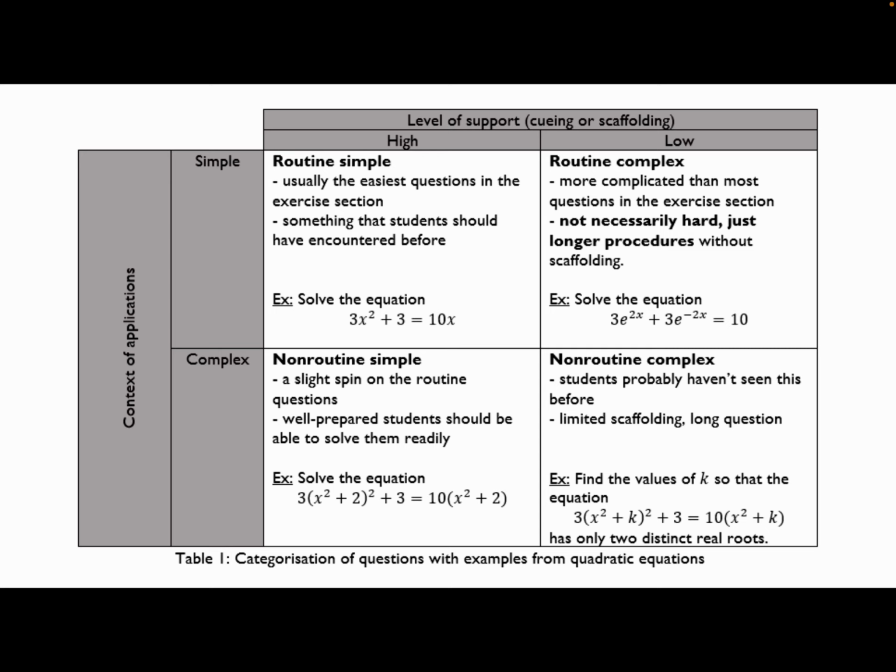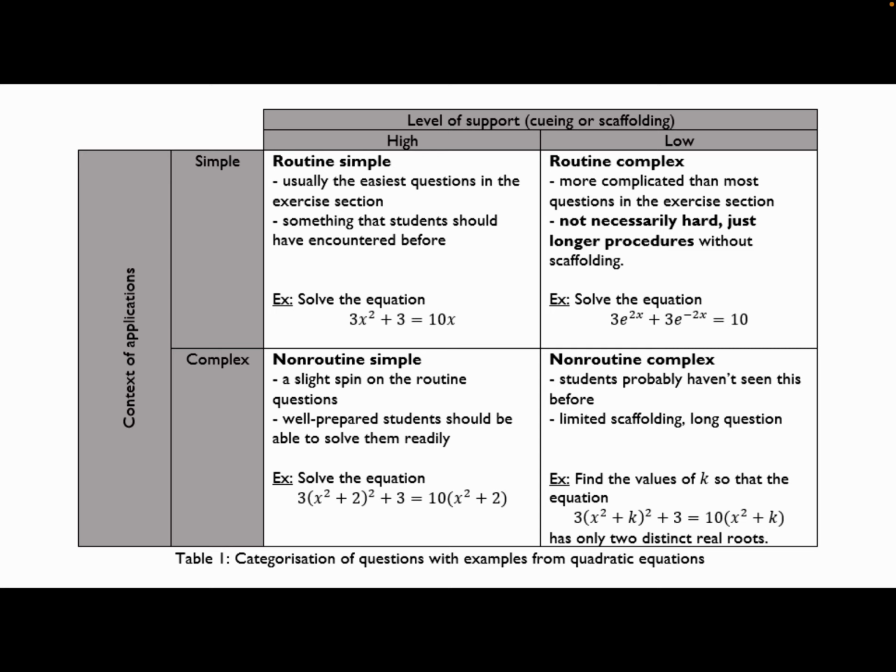It is in a complex application, in a complex context, as students probably have not seen this kind of question before. But if they're flexible, if they know what they're doing, they might be thinking, okay, so what can I do to this? Expanding this, okay, that can work. Might not be the best idea, but it can work.